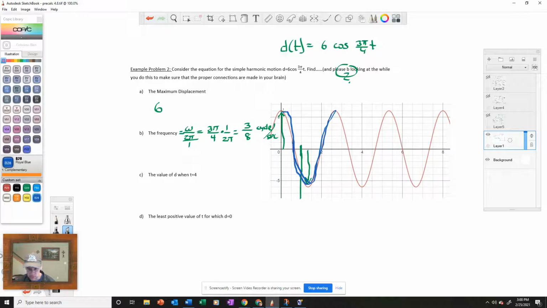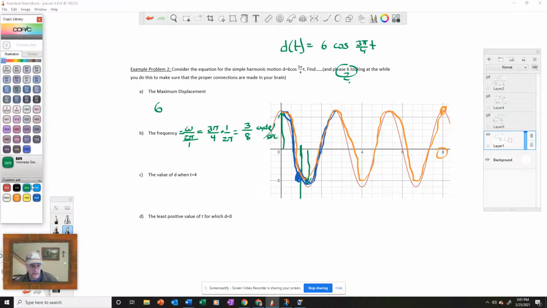Does it seem to you that there are 3/8 of an entire cycle in 1 second? Yeah. So your frequency is 3/8 of a cycle per second. Or you could say 3 cycles every 8 seconds. Let's see if that's true. There's 1 cycle, there's 2 cycles, there's 3 cycles. 3 cycles take 8 seconds. So that is what your frequency means. How many cycles per second?